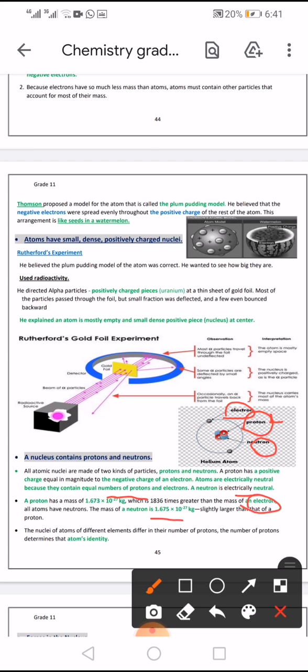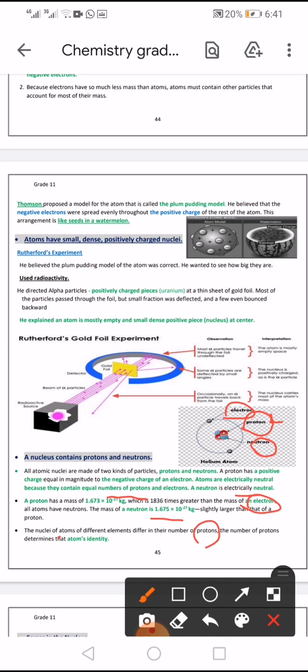The mass of a neutron is 1.675 times 10 to the power negative 27 kilograms, which is slightly larger than that of the proton, while the least mass is the electron. The nuclei of atoms of different elements differ in their number of protons.